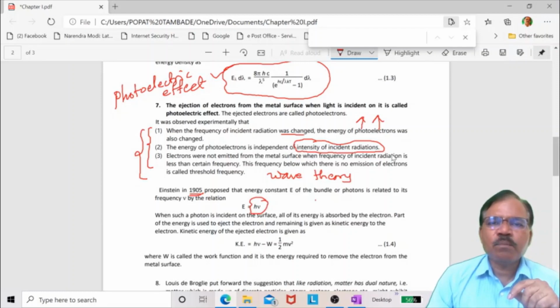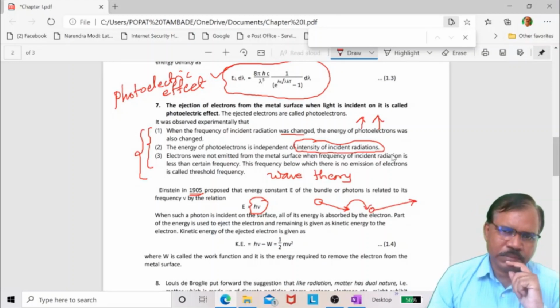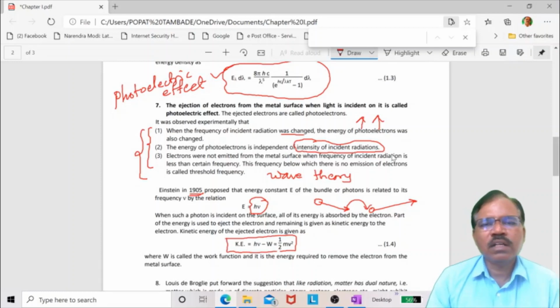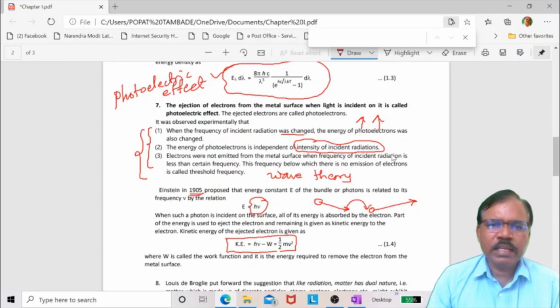And when a photon is incident on the metal surface, the whole energy of the photon is transferred to the electron, and electrons can come out from the metal surface. And he gave the famous equation, that is, kinetic energy of any electron is h nu minus w, where h nu is the energy of the incident photon, w is the work function.